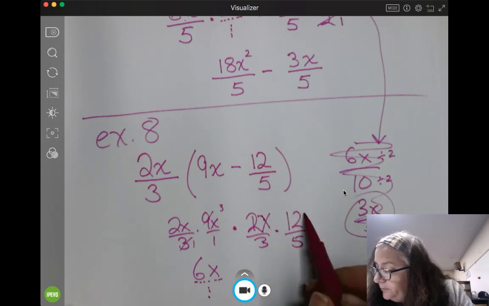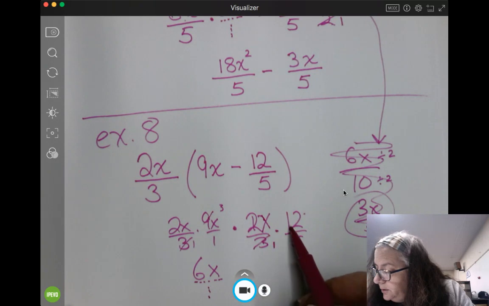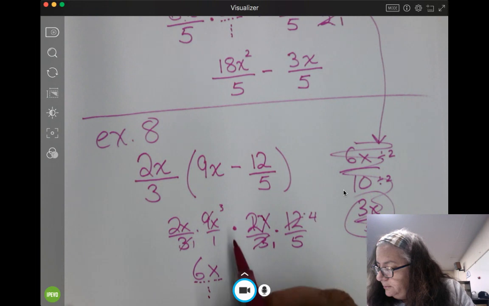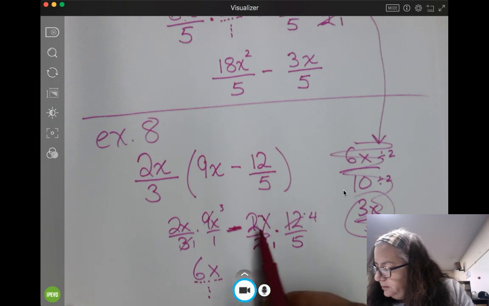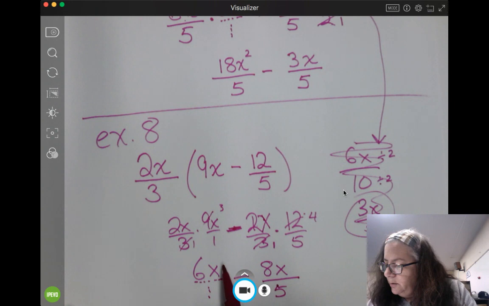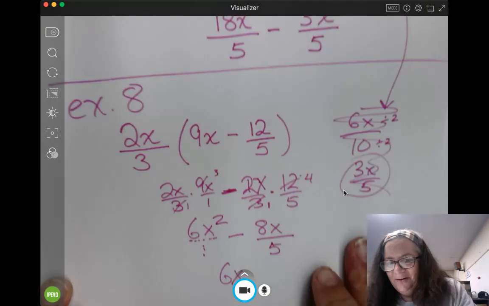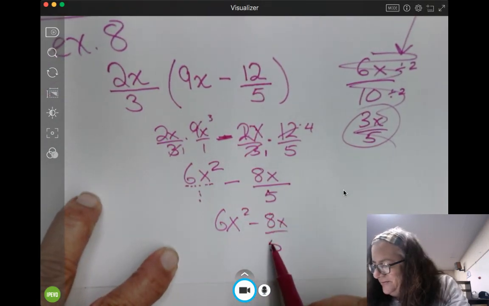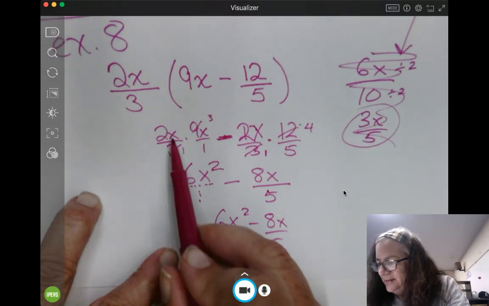Ooh, 12 and 3 cancel. So 3 divided by 3, 12 divided by 3. 2x times 4. Oops, that's a minus. Dang it. 2x times 4 is 8x. 1 times 5 is 5. Oh no, I forgot my squared. There we go. 6x squared minus 8x over 5. Okay, because x times x was x squared.